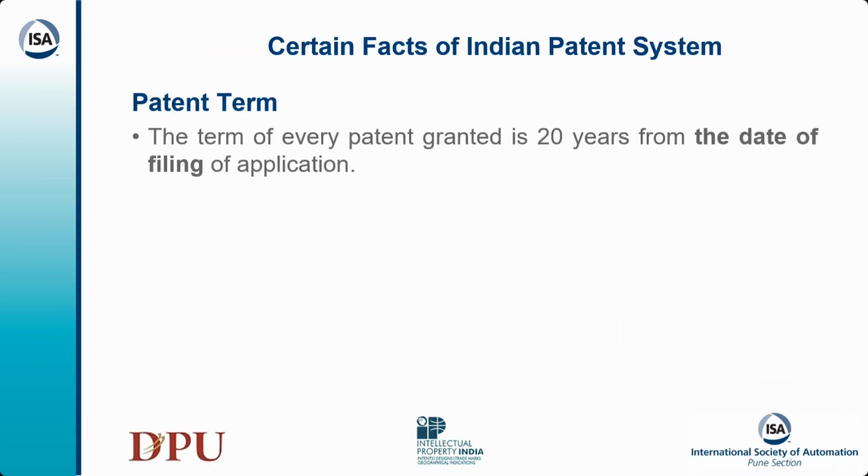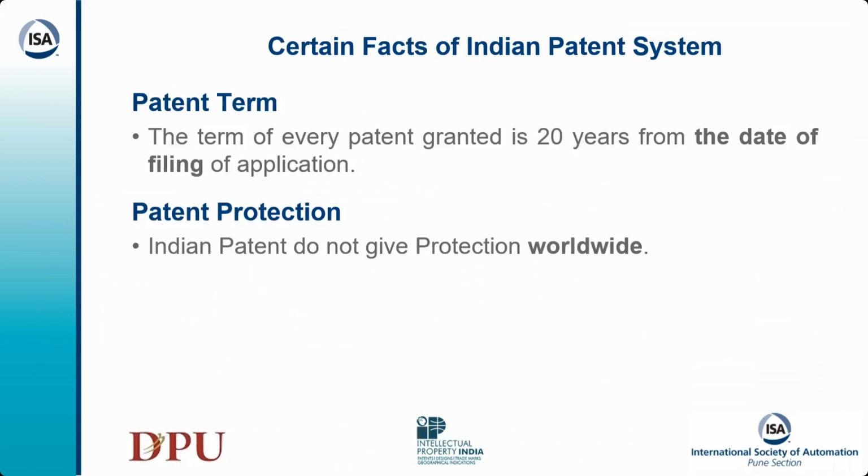Now patent term, this I already told you, 20 years from the date of filing. This is very important. The day on which you file the patent, from that day, when it gets granted is a different thing, but you get the protection for 20 years from the date of filing.